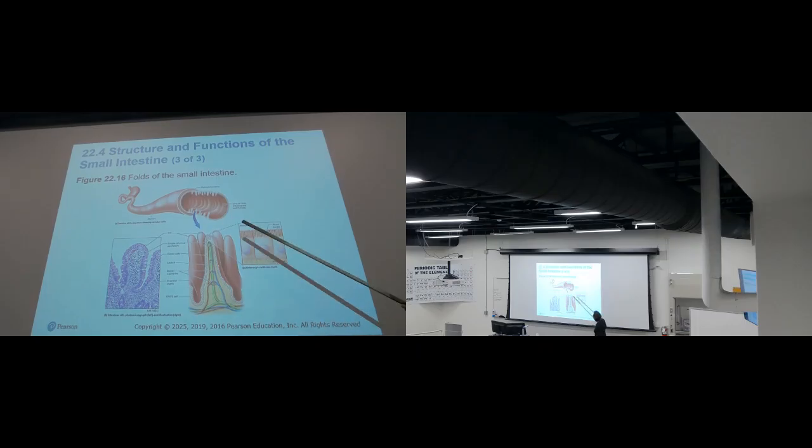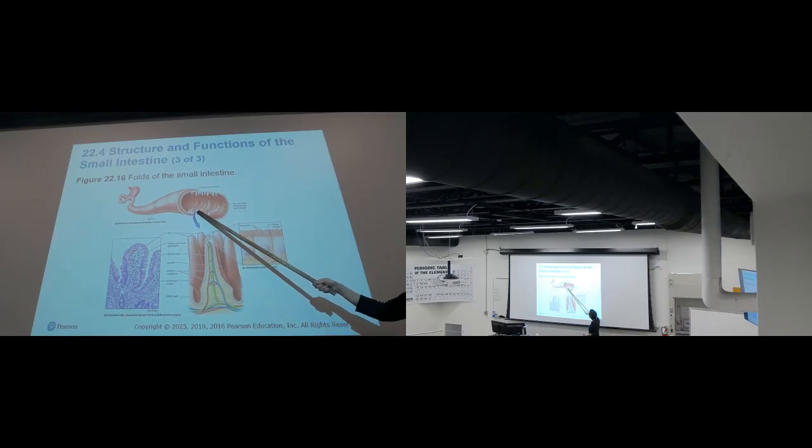So now, the intestines, no matter what region it is, if it's jejunum, duodenum, or ileum, they have these plicae circulares, or circular folds of mucosa, that, just as for the rugae of the stomach, will give increased surface area for action like digestion and absorption of the nutrients.